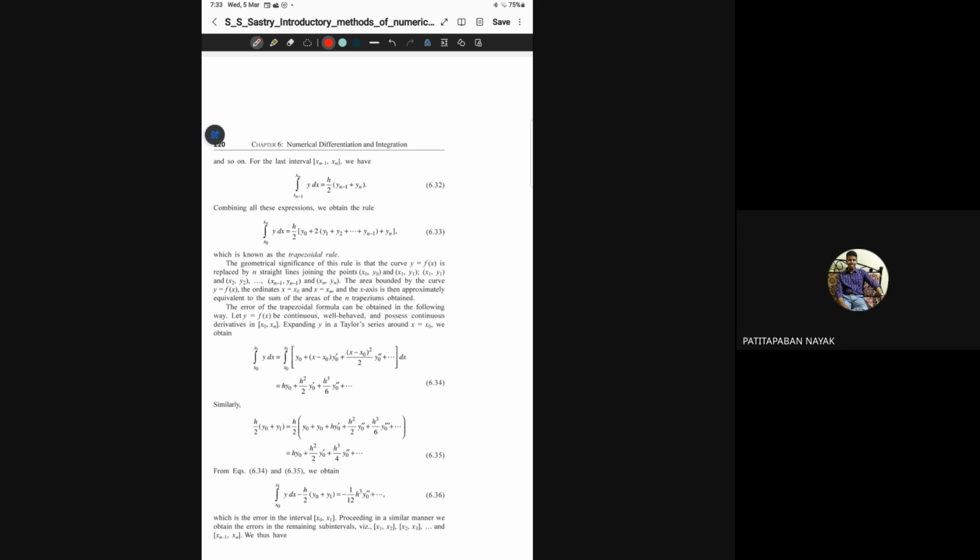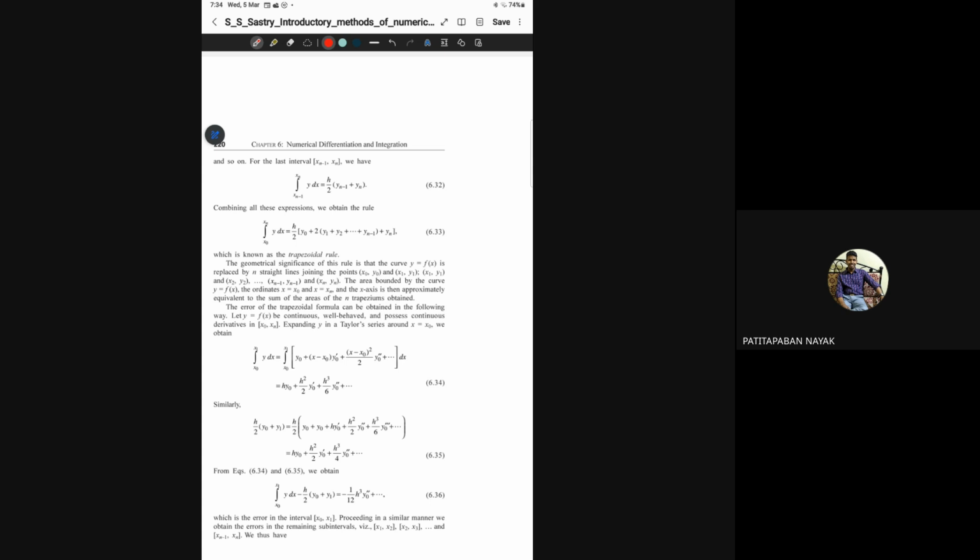Now for each x value, I can find out f of x. f of x is equal to x square, right? So f of 2 will be 4. f of 2.2: what is the square of 2.2? 4.84. Yes, so f of 2.2 is 4.84.